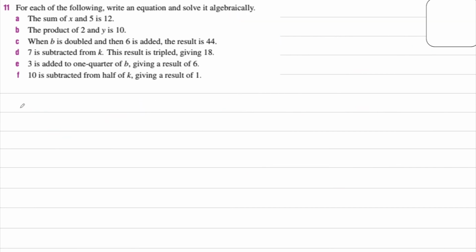The next one is D. 7 is subtracted from K. Subtracted from K means K minus 7. The result is tripled, giving 18. The result means all of the expression has to be inside the bracket, and then multiplied by 3.